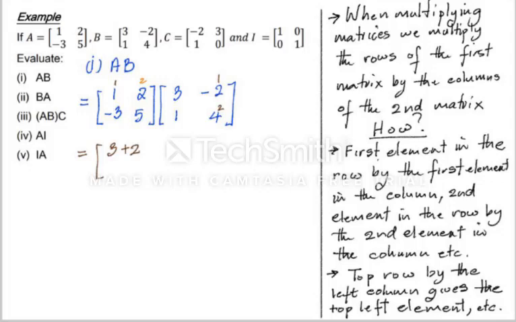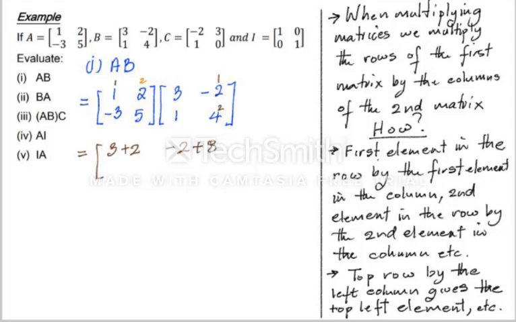How do we multiply a row by a column? The first element in the row times the first element in the column. So that's 1 times minus 2, which is minus 2. Plus the second element in the row, which is 2, times the second element in the column, which is 4. 2 times 4 is 8.